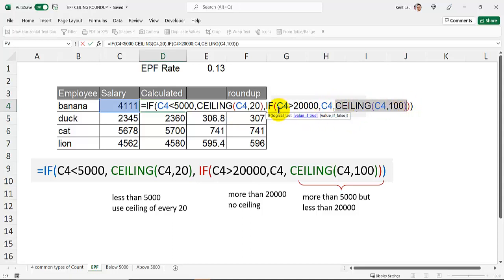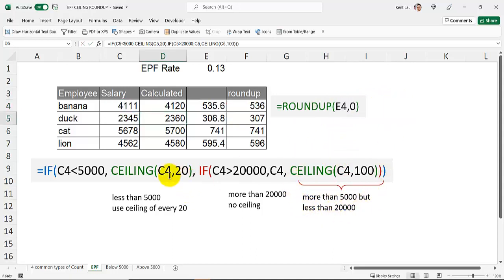If it's not more than 20,000 but more than 5,000, then you take the ceiling of 100. So that's what it means here. There is the first check here. If it fulfills, then it goes here. If it doesn't fulfill, it will go to here.